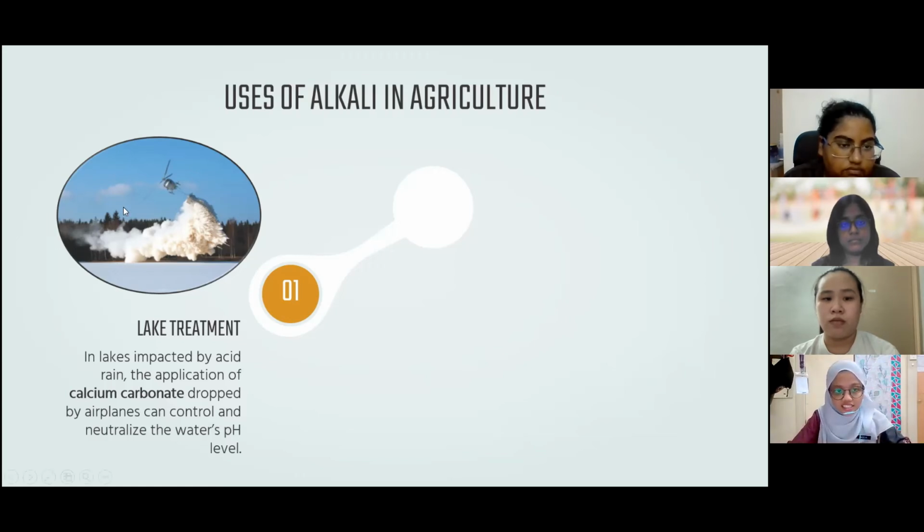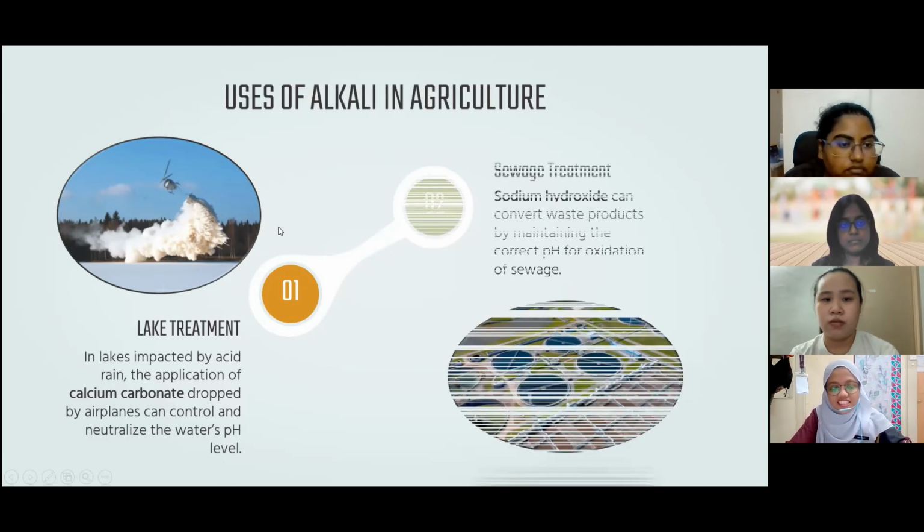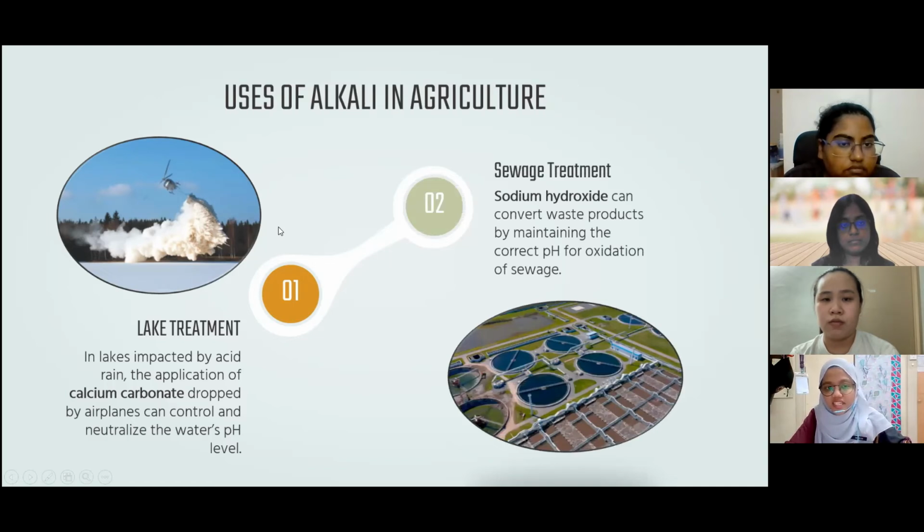As you can see in this picture, there is an airplane dropping alkali to neutralize the pH of the water. The second one is sewage treatment. Sodium hydroxide can convert waste products by maintaining the correct pH for oxidation of sewage.